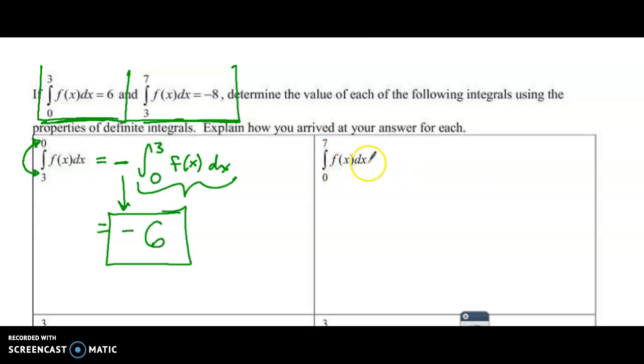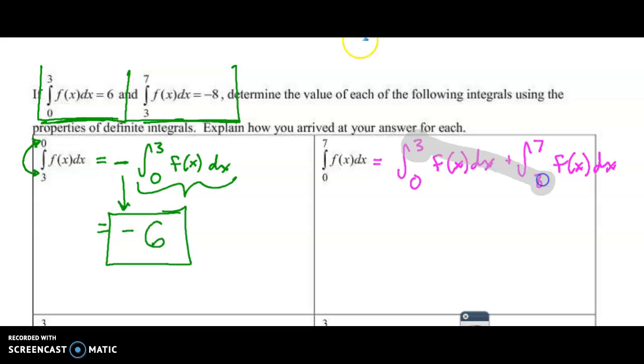So as I look at the next one, it might make sense to rewrite it as the integral from 0 to 3 of f of x dx plus the integral from 3 to 7 of f of x dx. And let me get a highlighter out just to prove my thought process is this value and this value are the same. If I were to draw f of x somehow, this is a terrible curve, by the way, because from 3 to 7 I did not make it a negative area.